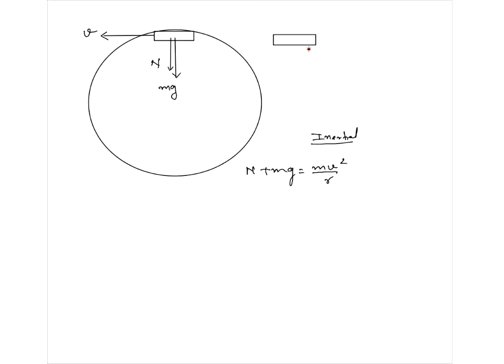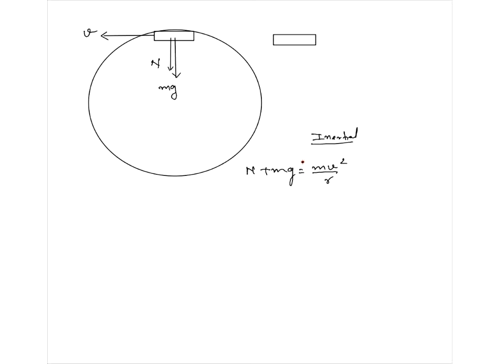Because the mg that is trying to make moon fall is actually made busy in providing the centripetal force. So it does not cause moon to fall. Here in this case, mg is focusing on making this fellow hit the ground.